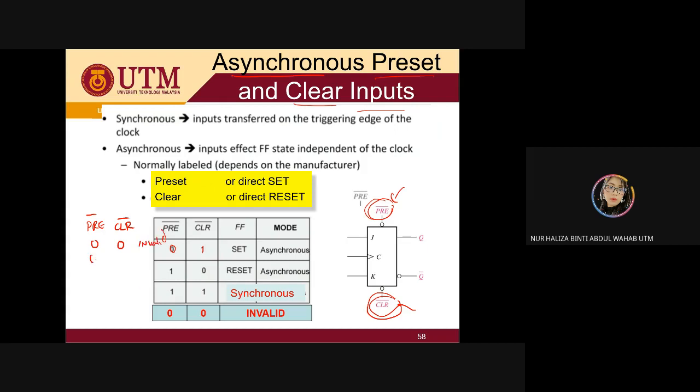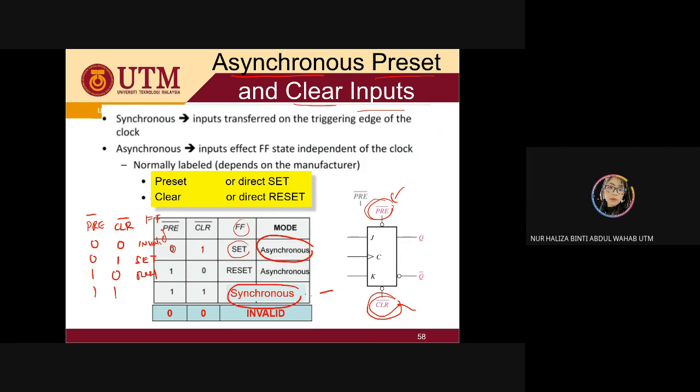If it is 0, 1, it's going to be set. Your output will follow the flip-flop as a set. And then for your 1, 0, it will be reset. This is all your flip-flop output later on. But when you have 1 and 1, then it is synchronized.